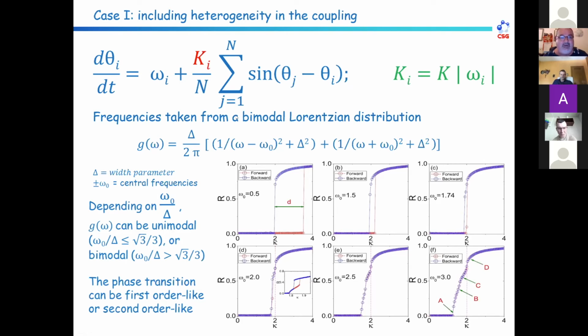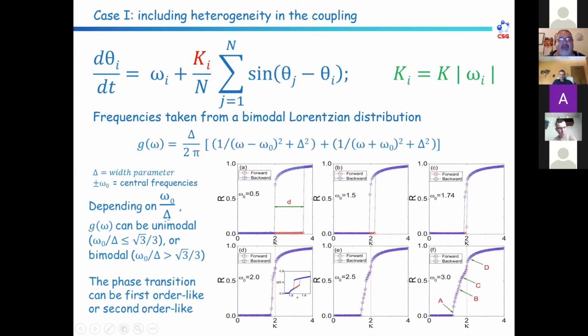And moreover, we take the frequencies from a particular bimodal Lorentzian distribution, which is described here, so a distribution with two peaks, one at plus omega 0 and the other at minus omega 0, with width delta.